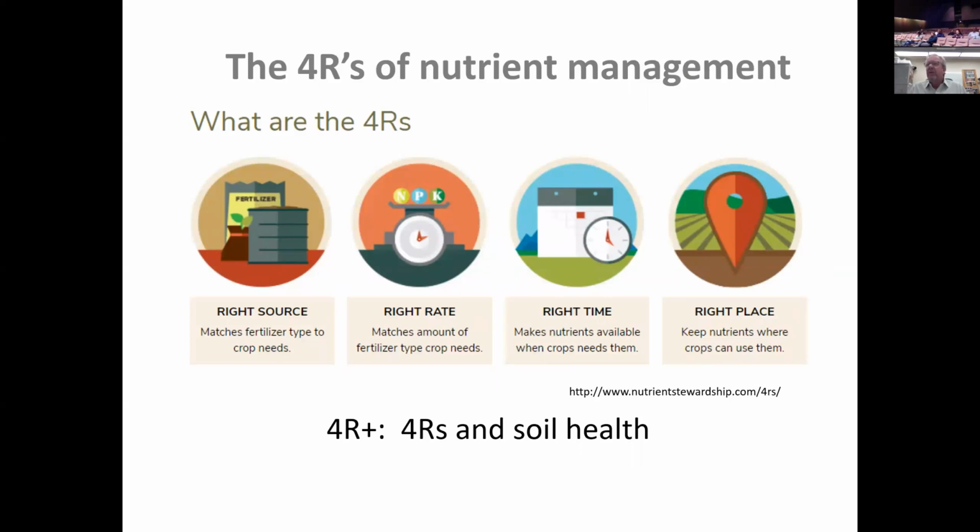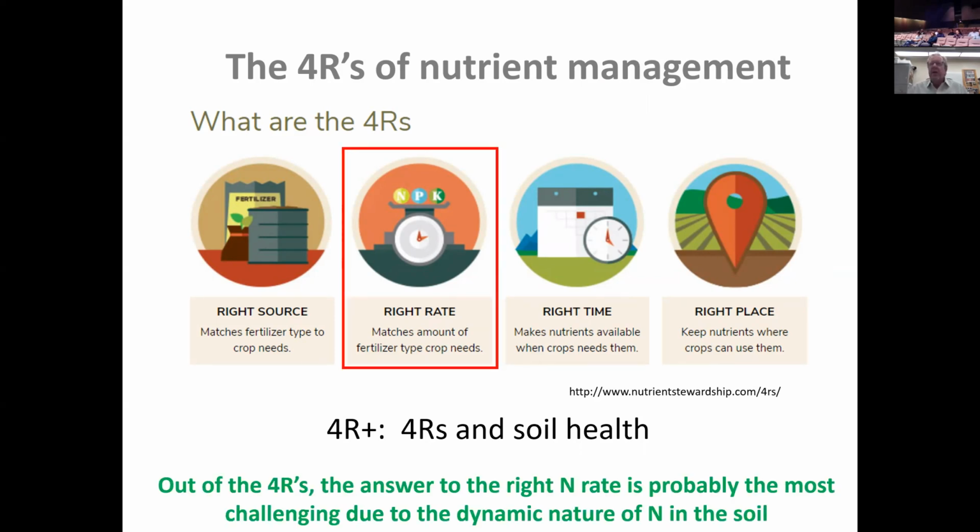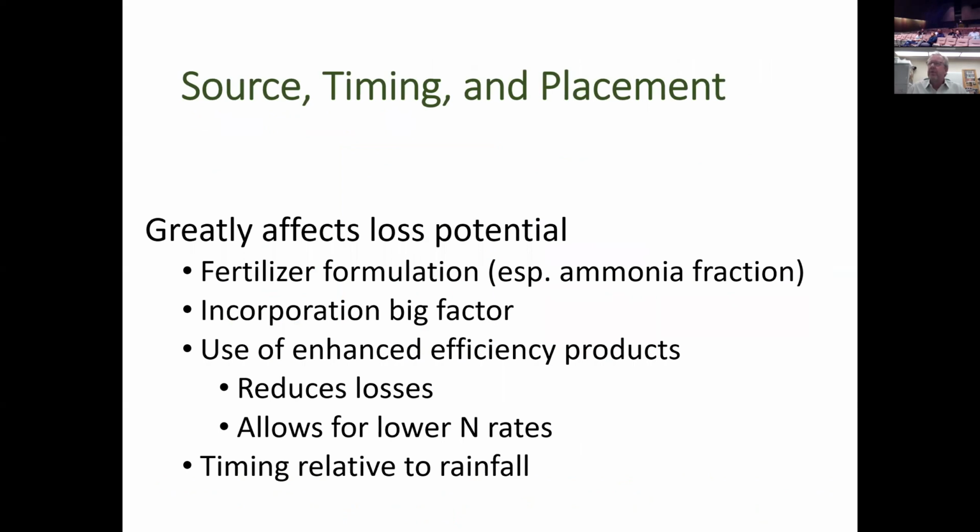We have a pretty good idea of what are good sources, what is good timing, and placement, but the big challenge is, given source, time, and place, what is the correct rate? And that one is very difficult to estimate. So that's what tools like Adapt-N do, and that can account for all these production environment factors.